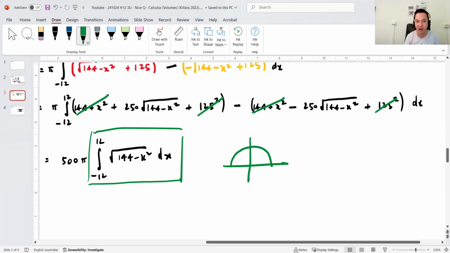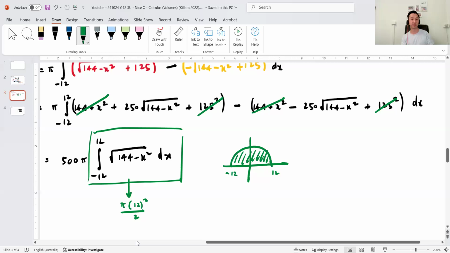Yeah, and it wants to find the integral between negative 12 and 12, which is essentially the area under the curve. Because that's a semicircle, I don't need calculus to find the integral of that. I can just use measurement, right? We know that this is essentially half of a circle, so it'd be pi r squared divided by 2.